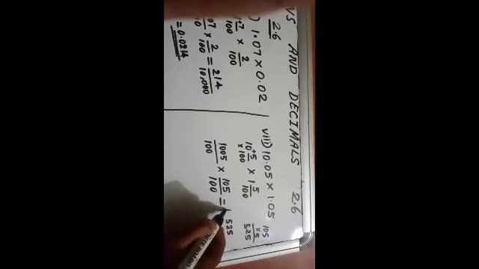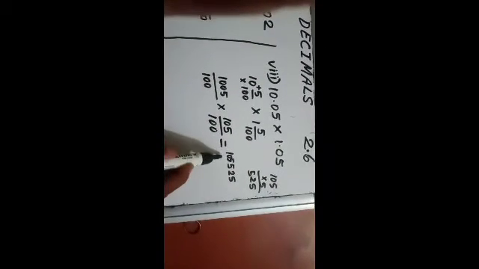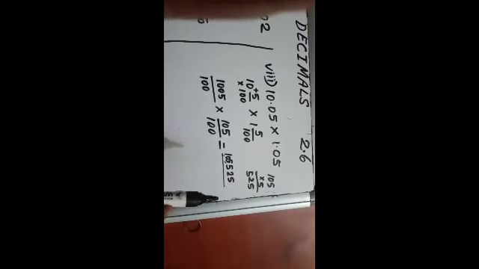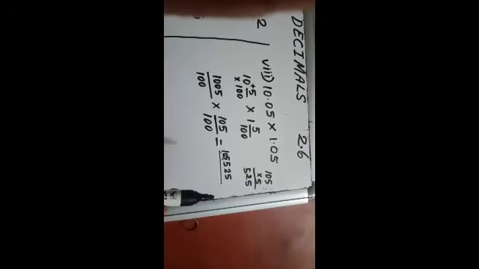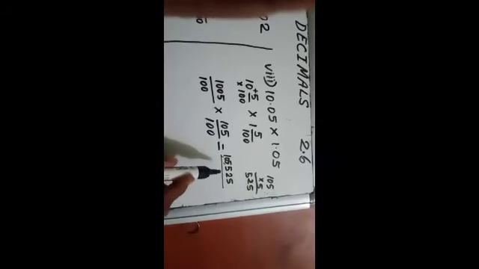Again 105. Hope you understood. 105 fives are 525. There are 2 zeros, so I have written directly. Now 105, then you are getting the answer 105525. 100 hundreds are 10,000. Hope you understood how it is.